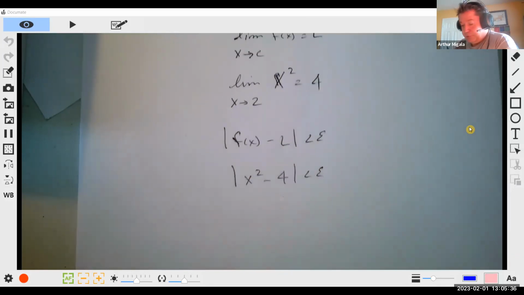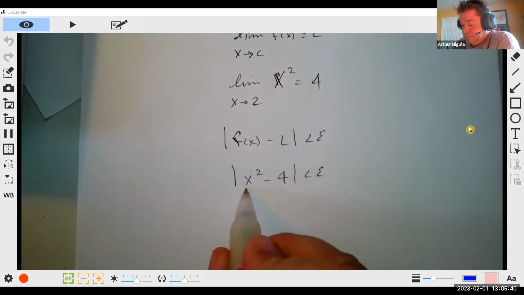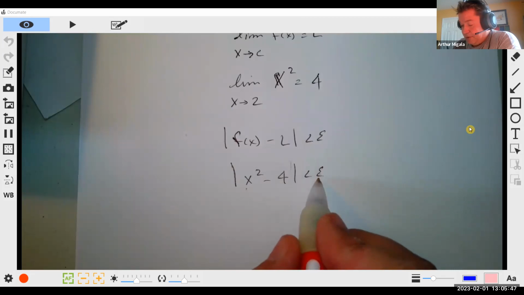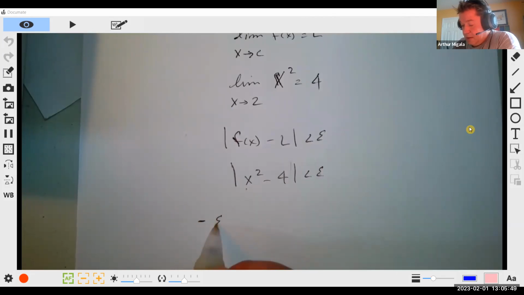Just plug in our values and work them out. So algebraically, when you drop the absolute values, what happens to the solution? It can be positive or negative.